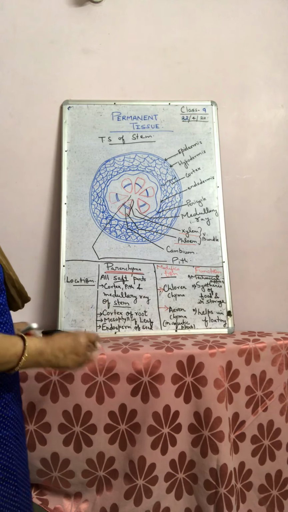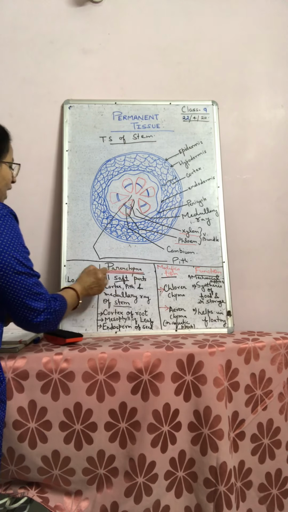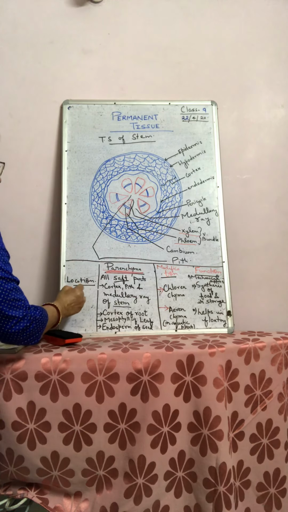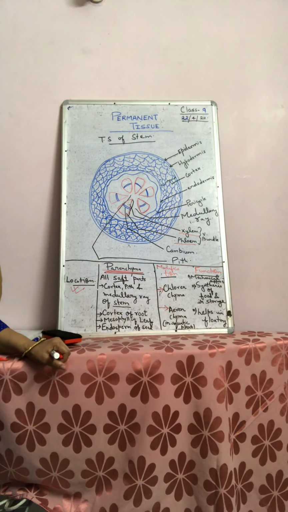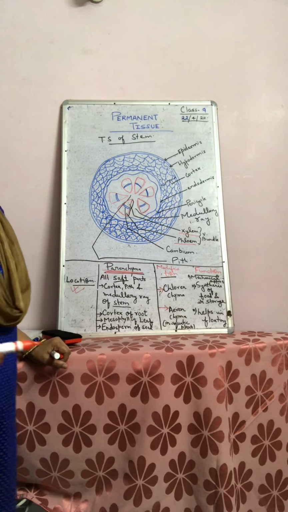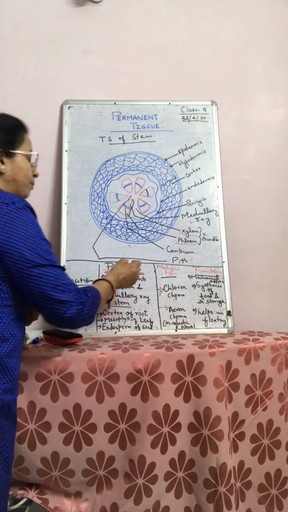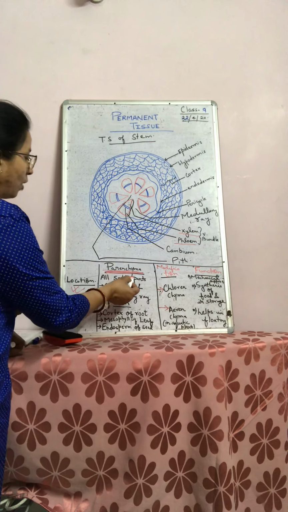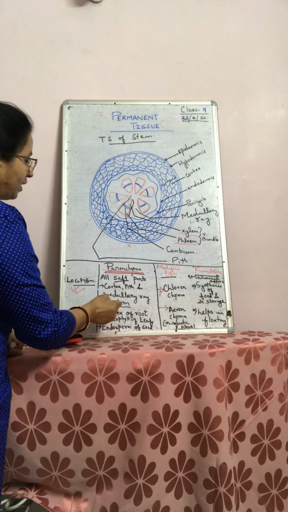Now, we are starting with parenchyma. When you look at where it is present in different parts of the body, you will find parenchyma is present in all the soft parts of the plant, especially in the cortex, pith and medullary ray of stem.